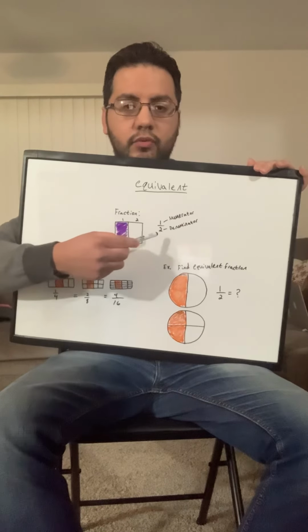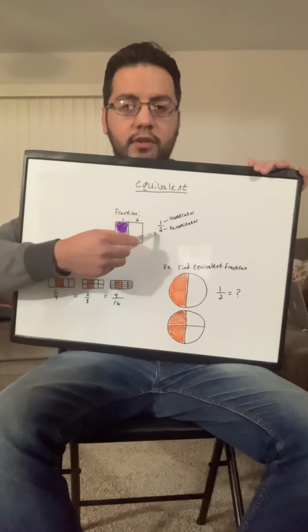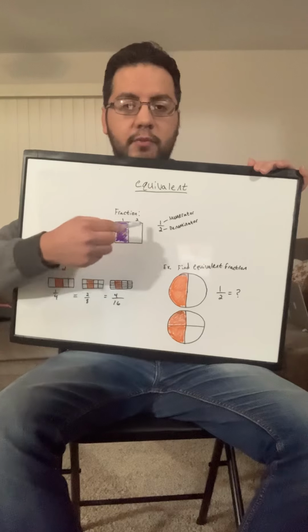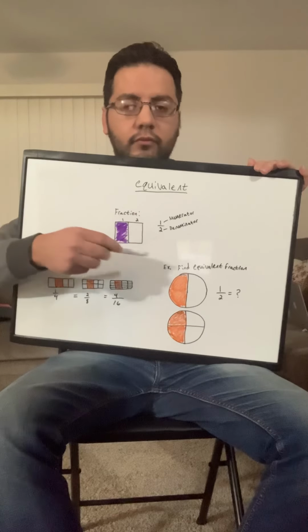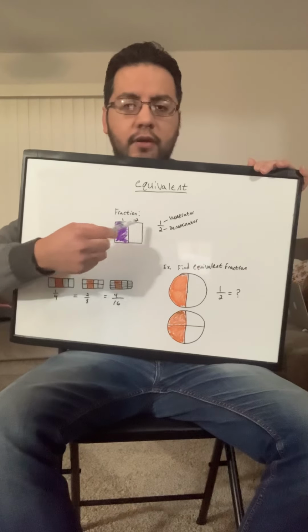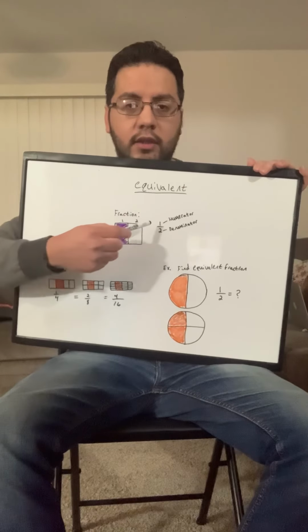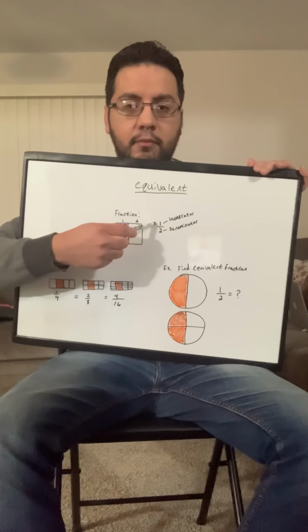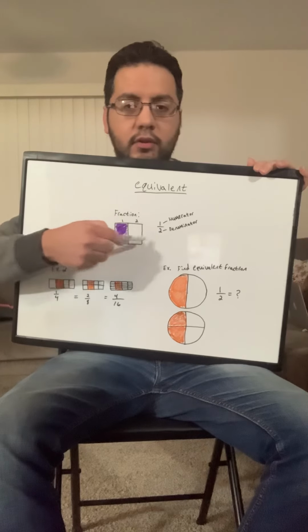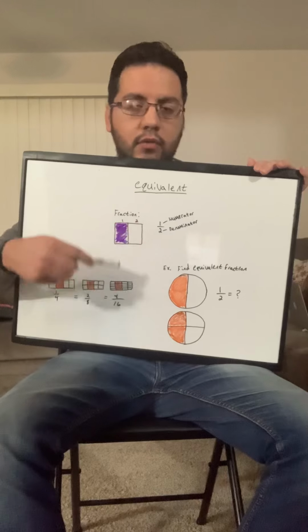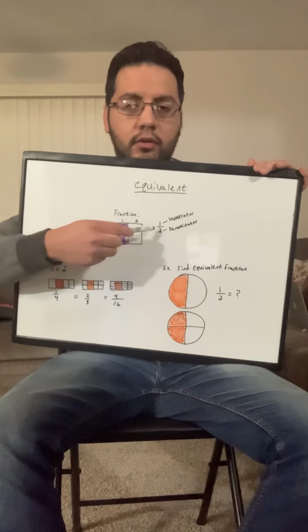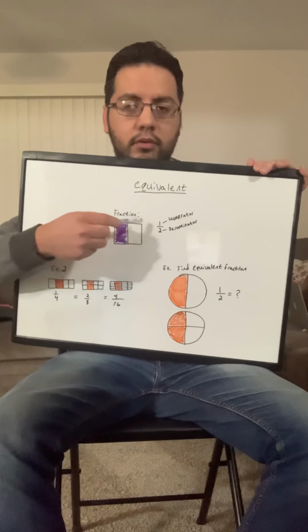So the two here is represented by the denominator. Two pieces that make up this whole. And out of these two pieces, you only have one that's shaded. That's represented up here by the numerator. So this is a fraction of 1 over 2, or 1/2.